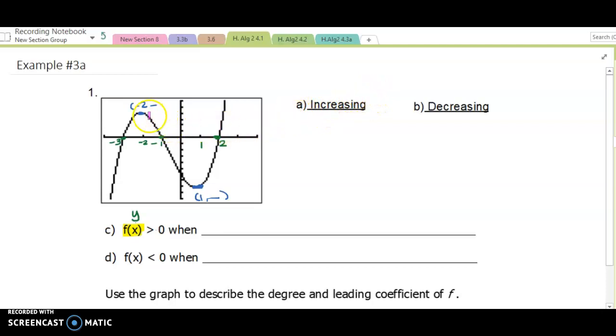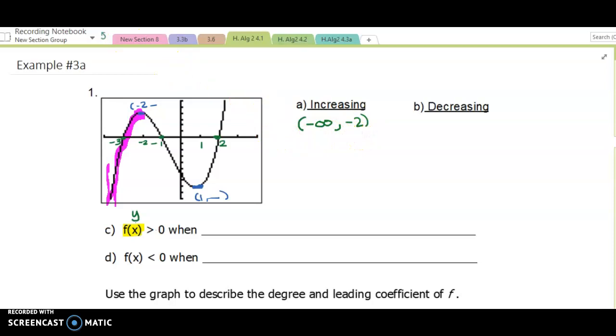If we look at this graph, we see that we're increasing from here up to this point. We stop increasing at this point. So we could say that we're increasing, once again in interval notation, from -infinity to -2. Now we're not increasing or decreasing at -2, so that's why we have these open brackets.